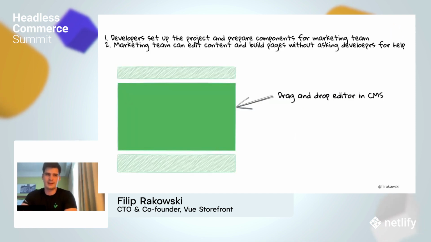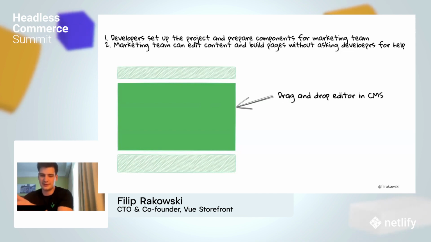How does it work? Originally, before headless CMSs, it was very common that whenever you wanted to update your website, you were just creating an issue, asking developers to do this. They were doing what they were asked to. It was tested, then it was deployed, and maybe after 2 weeks, we had those changes. Now with headless CMSs, we're doing it a little bit differently. The developers are still preparing the website, they're preparing the components, but then they're integrating this website with a headless CMS.